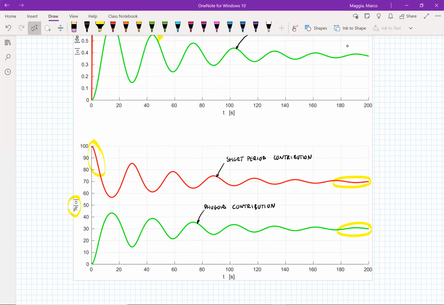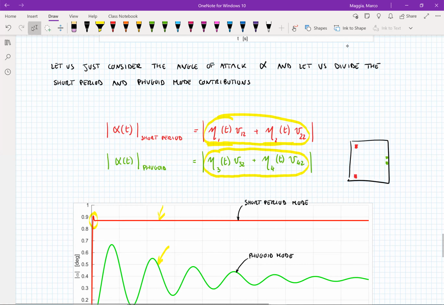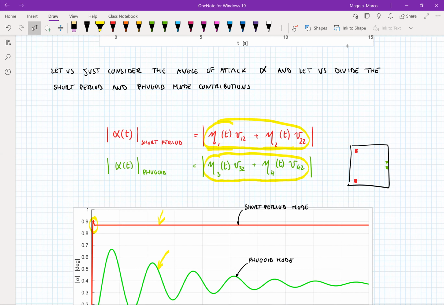All right, so this concludes the analysis of the dynamic stability. At least, we saw this example. So just to recap, for the dynamic stability in terms of the longitudinal motion, we have two flight modes. One is the short period mode, and one is the phugoid mode. Now, what I want to do is go to MATLAB, and show you guys how you can obtain these plots and do all these calculations using a simple code.